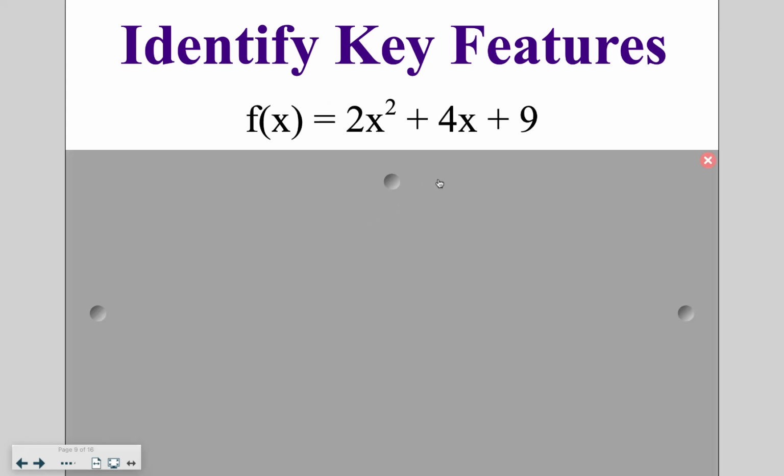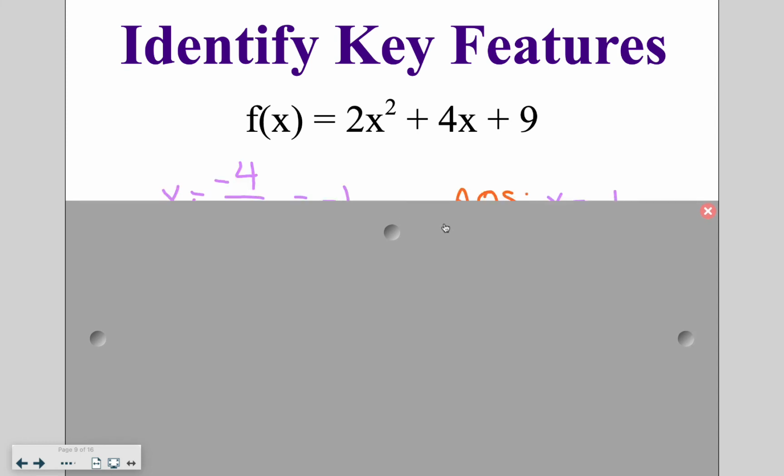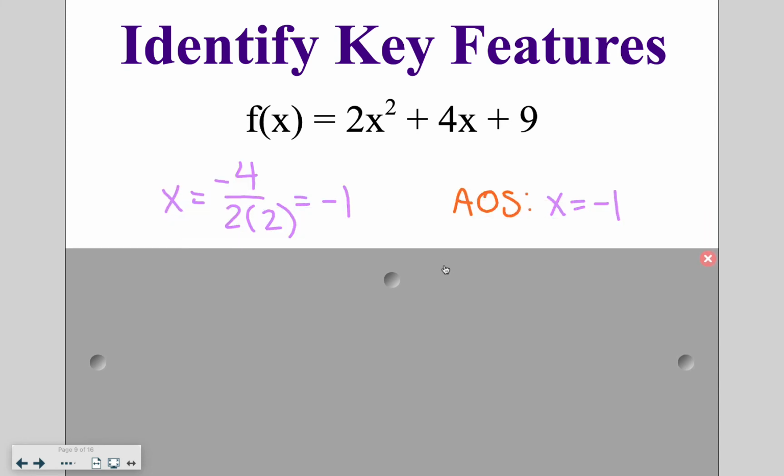Go ahead and calculate the axis of symmetry for this equation on your own. So our axis of symmetry is negative 4, so the opposite of our b value over 2 times our a value, and then again this last part is your c value. So your axis of symmetry was x is equal to negative 1.